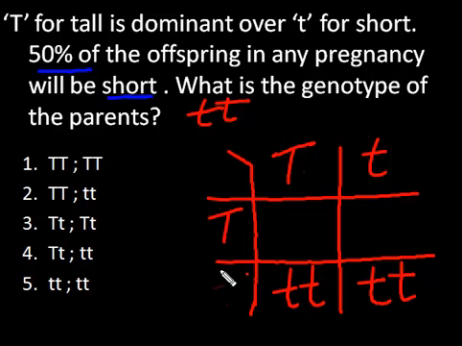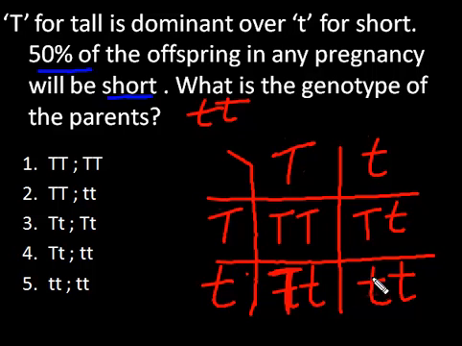Let's see what the combinations will be. Then only 25% would be short. So this doesn't fit, and both parents being heterozygous also does not work.